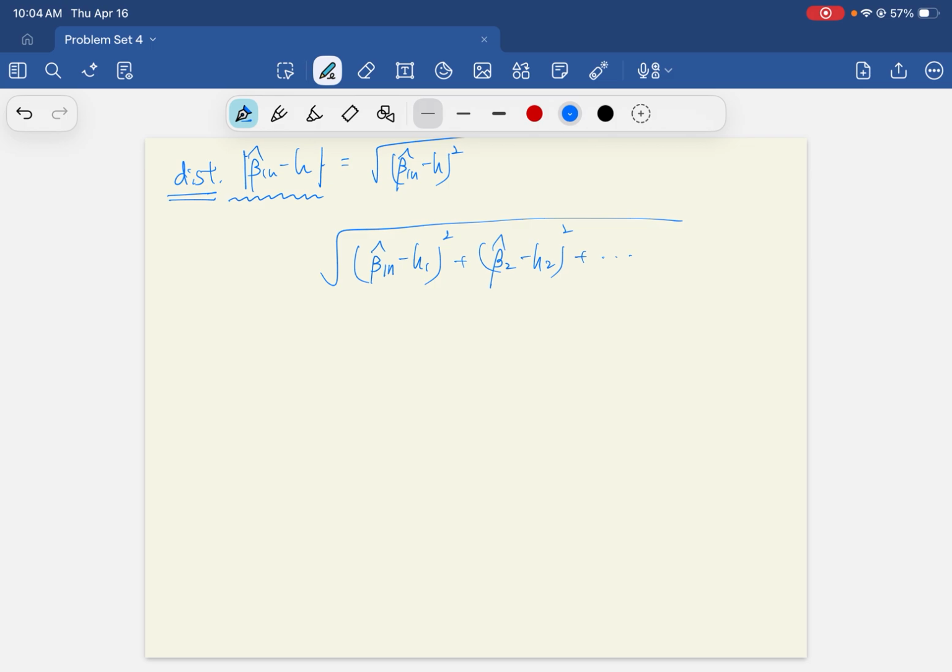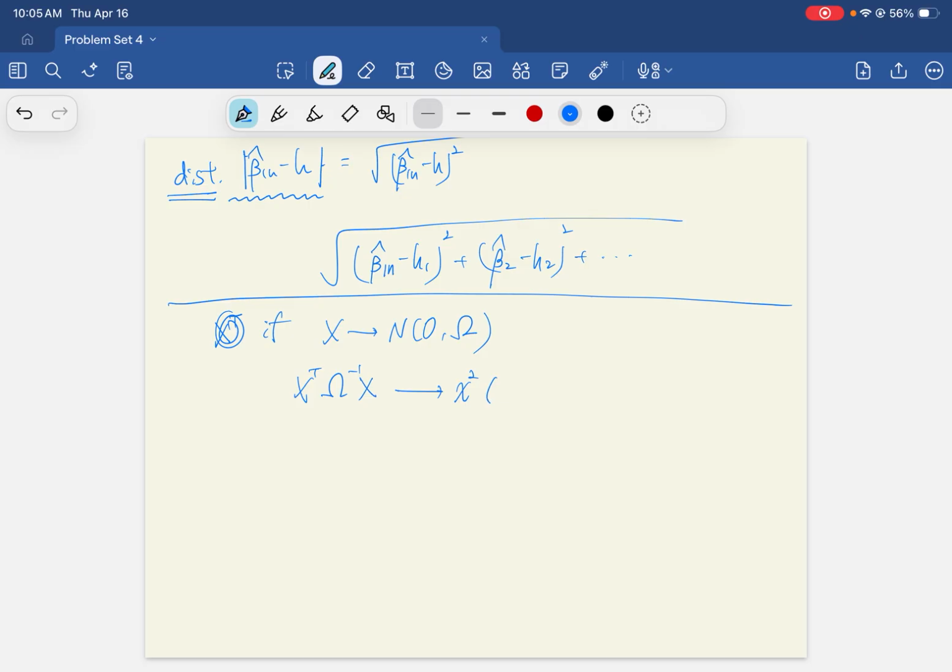So the t-test based on the standard normal distribution is not applicable when you have multiple dimensions. That is, you want to use the chi-square distribution, right? Remember, if x follows normal distribution 0, omega, then x transpose omega inverse x follows chi-square with degrees of freedom equal to the rank of omega, right?